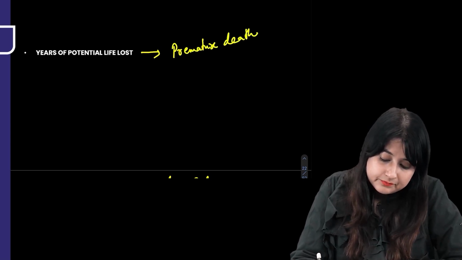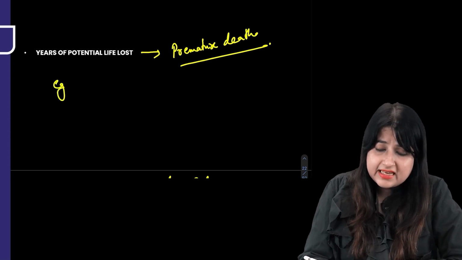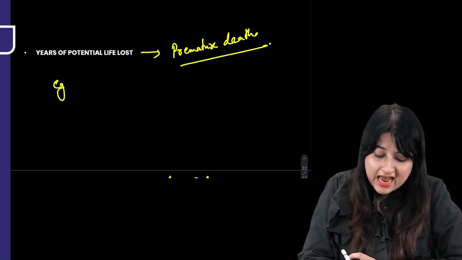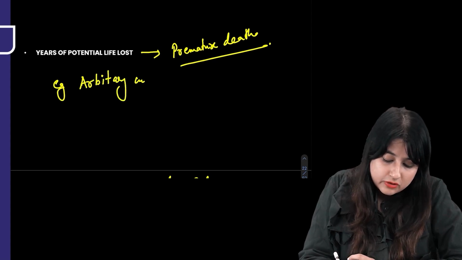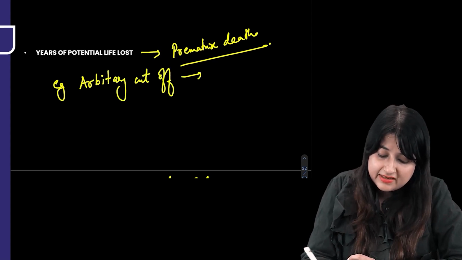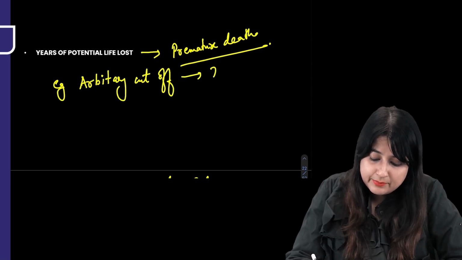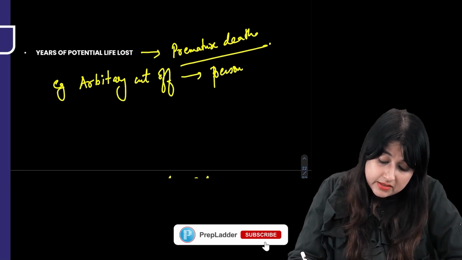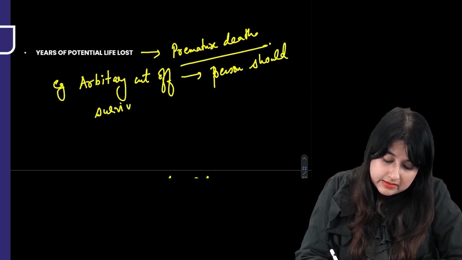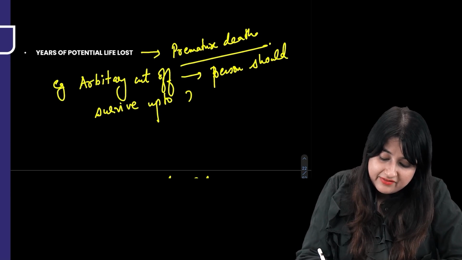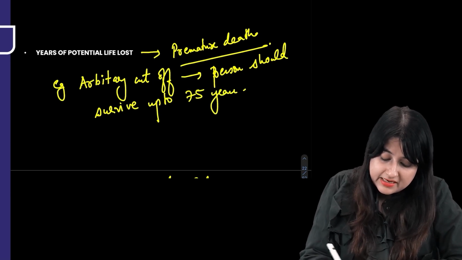For example, the arbitrary cutoff that we have taken in India is that the person should survive up to 75 years. But now what happened?